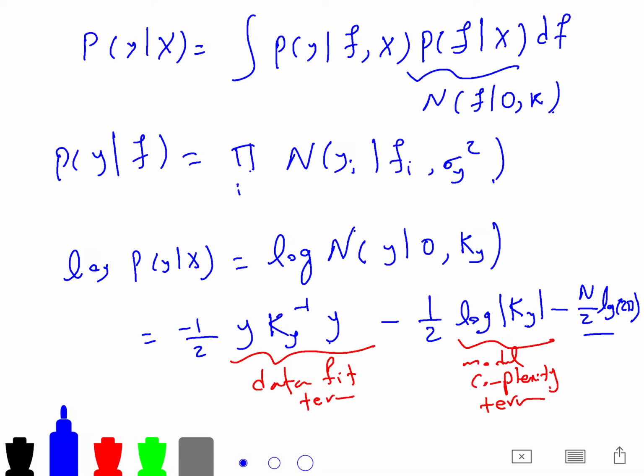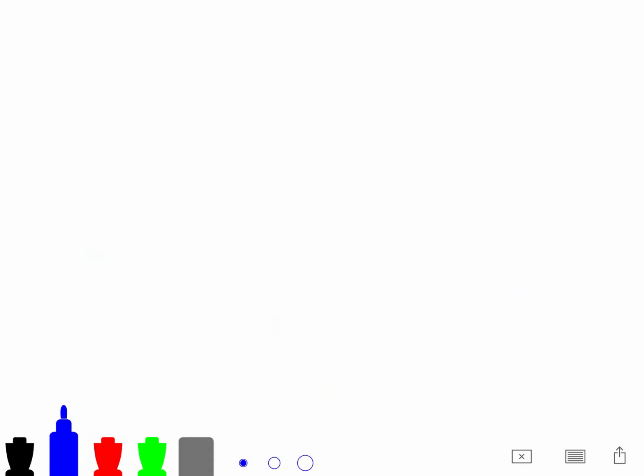So there is a trade-off between the data fit and the model complexity. For example, consider the SE kernel that I said, the squared exponential kernel, which is sigma f squared. We fix sigma f squared and let the other hyperparameter vary.